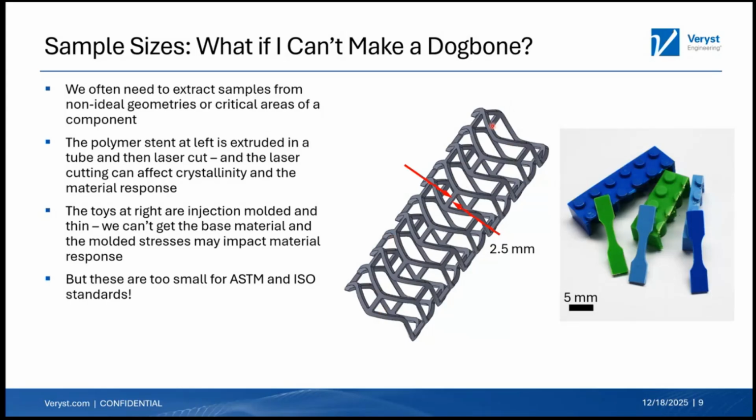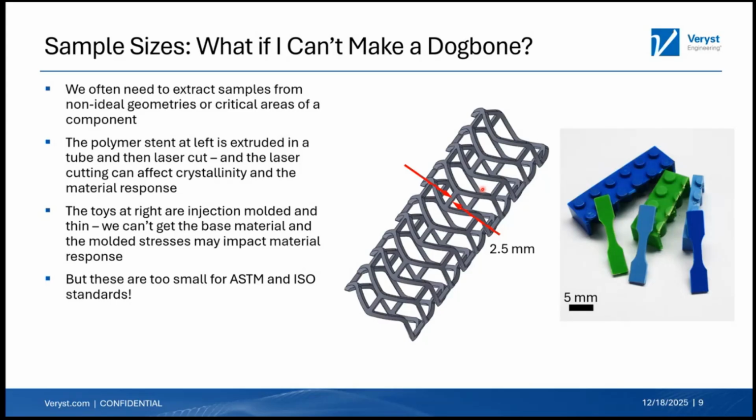The manufacturer extrudes a tube of the thickness and diameter that they want, and then they use a laser cutter to cut all these holes and give us this open structure. That open structure allows it to embed itself in the surrounding materials, and makes it a little bit easier for the surgeons to install.